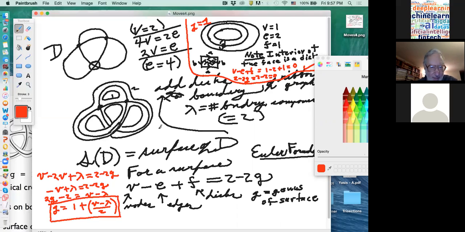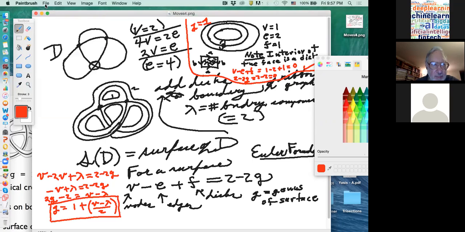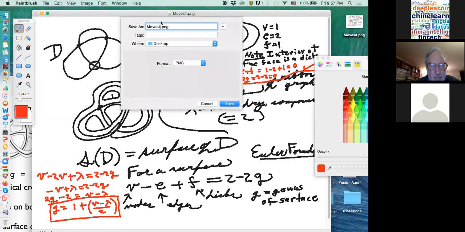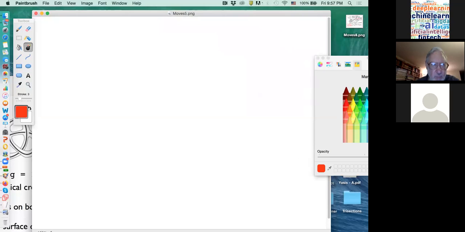Just useful to have this around. So we just worked out that the genus is equal to 1 plus (V minus lambda) divided by 2, okay?